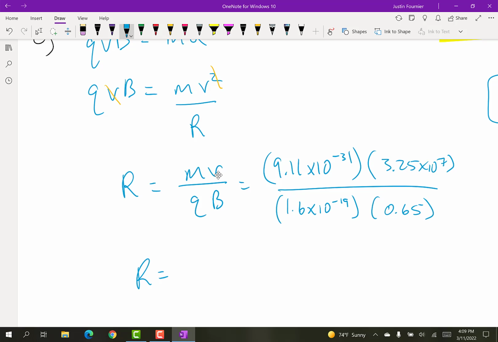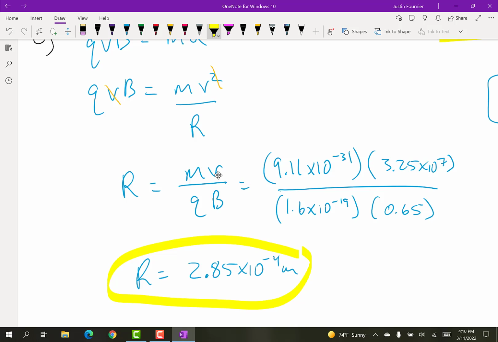So 9.11 times 10 to the negative 31 times the speed, 3.25 times 10 to the 7, divided by 1.6 times 10 to the negative 19 times 0.65. And I get 2.85 times 10 to the negative 4 meters. All right, there's my radius.